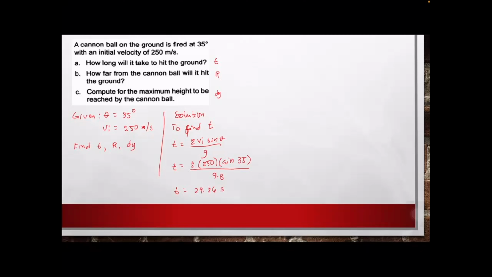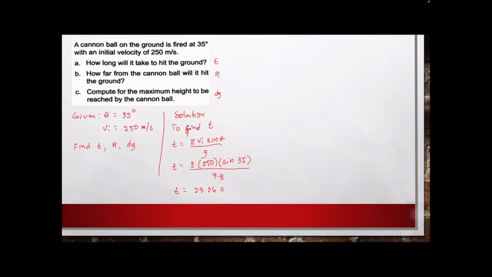You can have 2 times 250, that is 500. 500 sine 35, divided by 9.8. So, you can have 29.26 seconds.